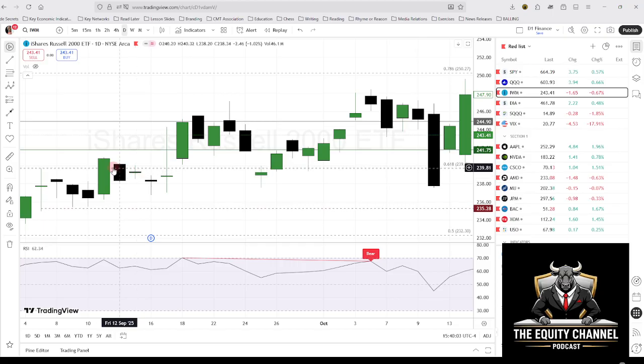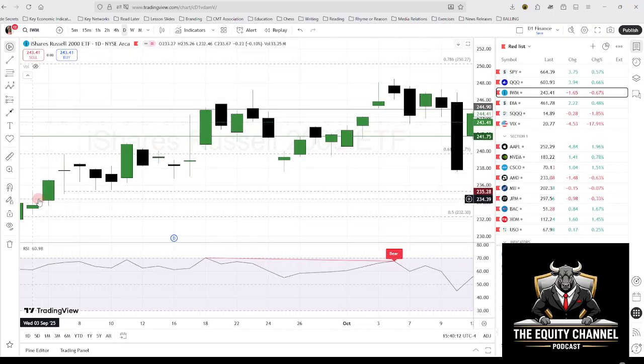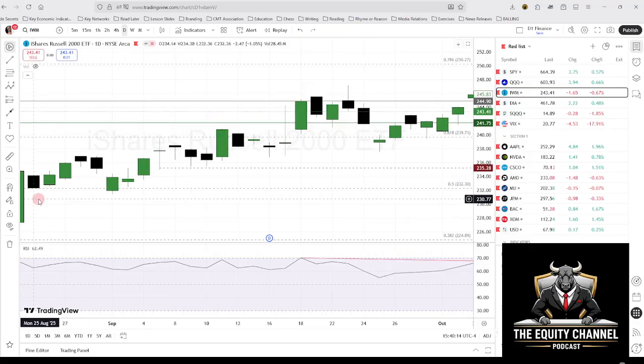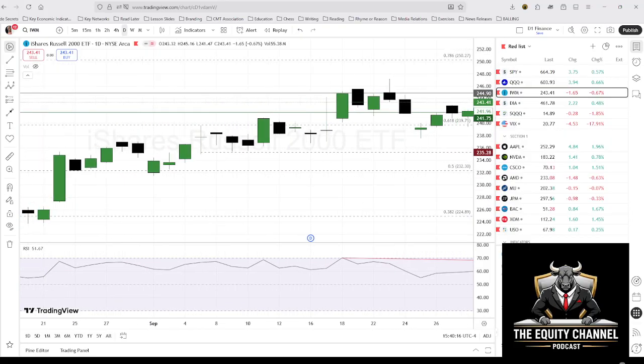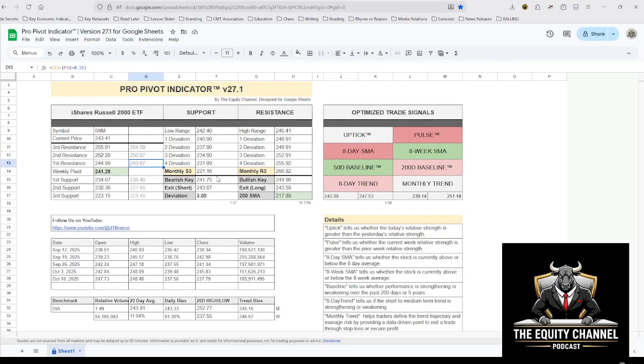So you got some 0.42s here, some 0.45s, 0.59s, 0.5%, and so on and so forth. Either way, the point being, look at the difference between your two.